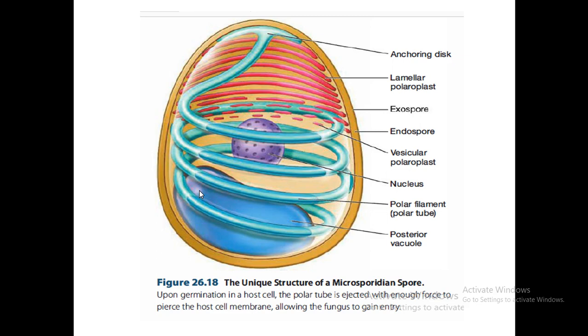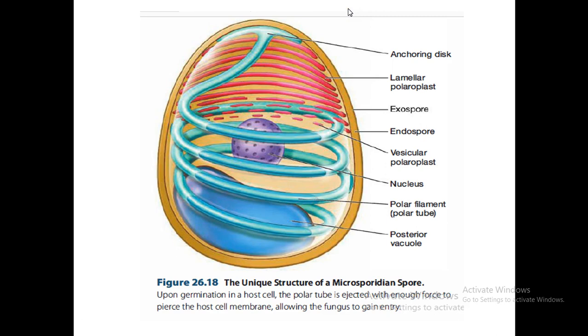So they cause infections in immunosuppressed or immunocompromised patients. When this polar filament wants to anchor itself to the host cell, it jacks its polar tube out with a force such that this anchoring disc will go and stick itself to the host cell membrane.